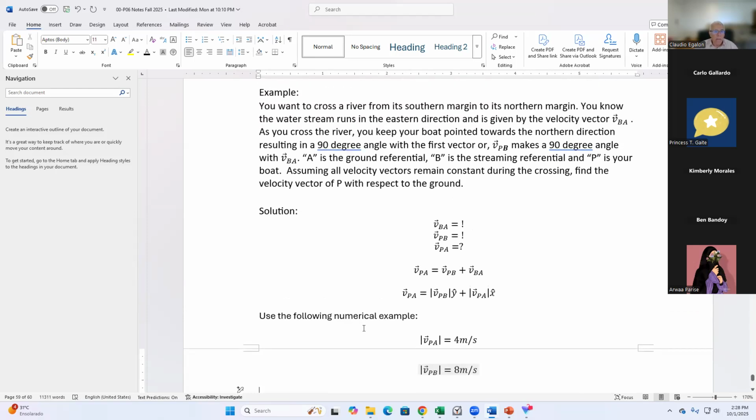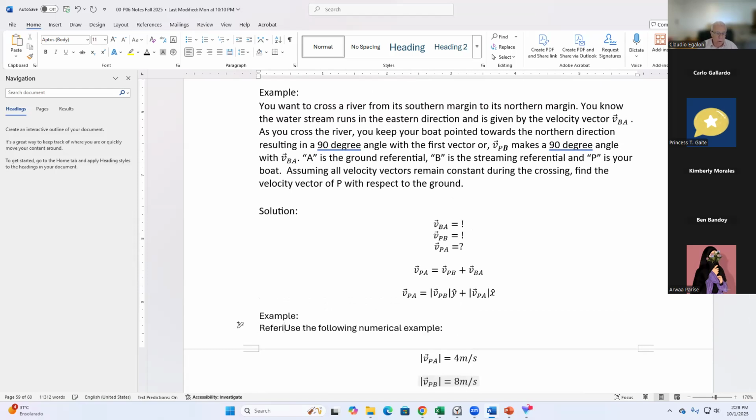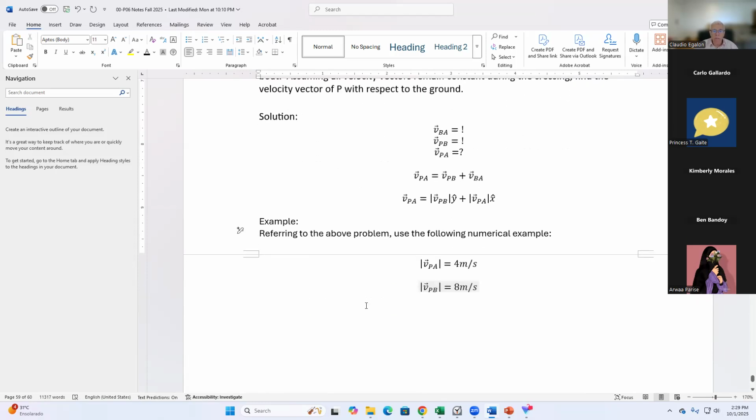Let's see. Solution, that's our solution. So let's put another example. Referring to the above problem, use the following numerical example and find the speed.